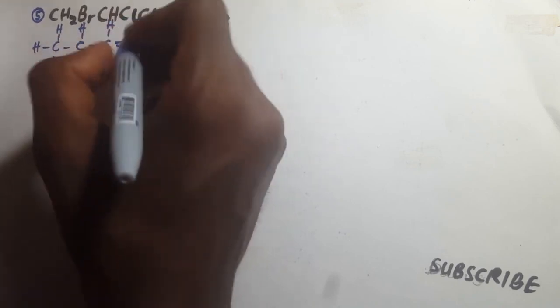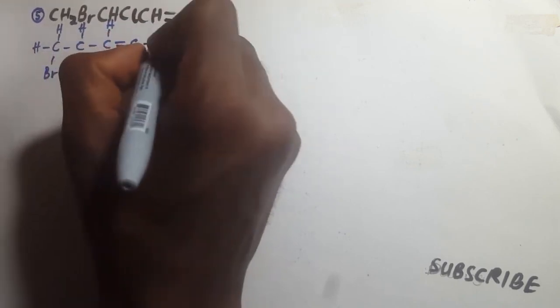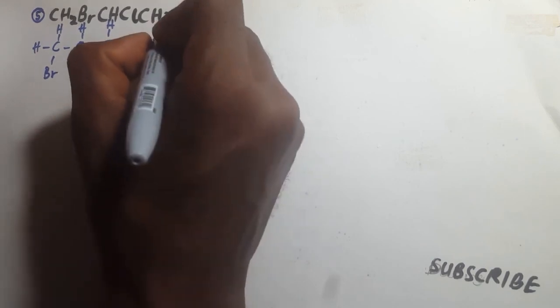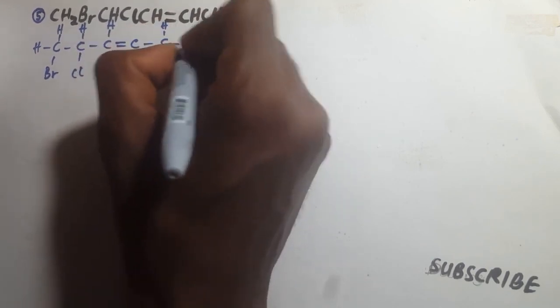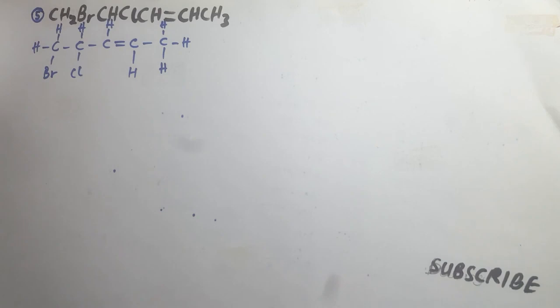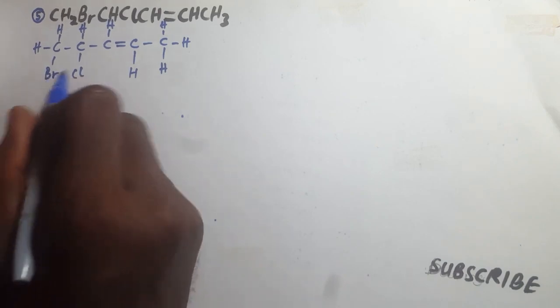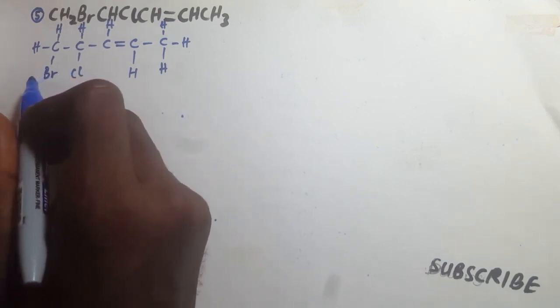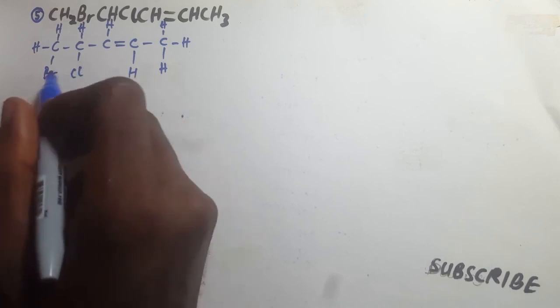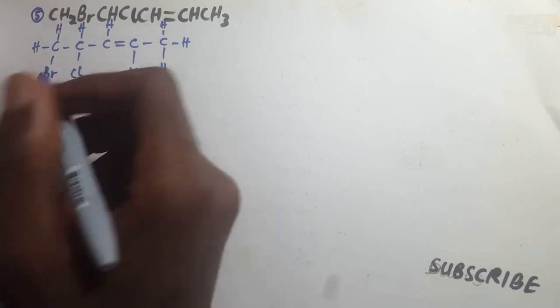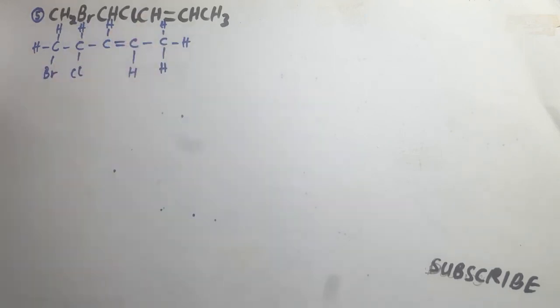Then you have C, and then H, then C, and then 3 H. So you have 2 inorganic substituents here. So to name this, we're going to look at first of all the position of the double bond.